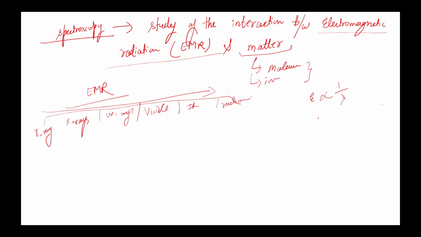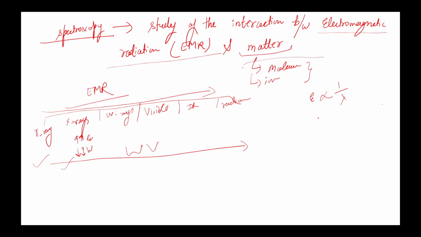These are in increasing order of wavelength, and the more the wavelength, the lesser the energy. Gamma rays and x-rays have very high energy and lesser wavelength, while UV and visible rays have higher wavelength and comparatively lesser energy, and also the frequency. So this is the whole spectrum.